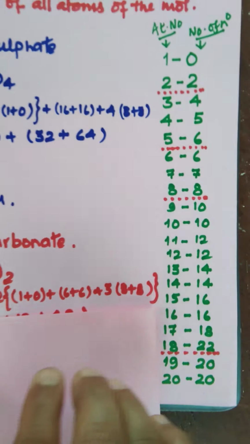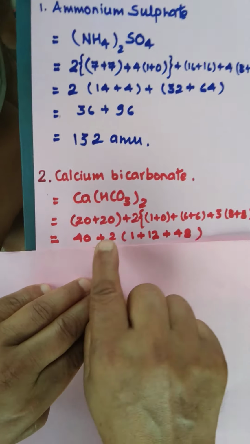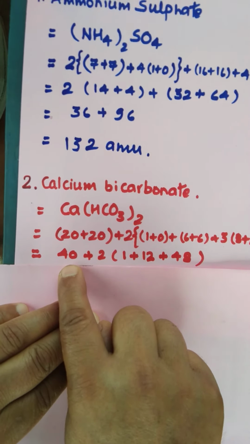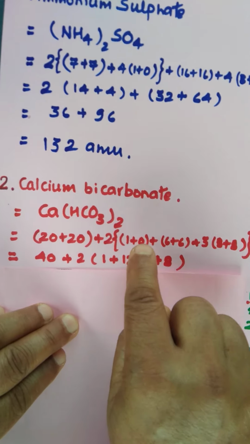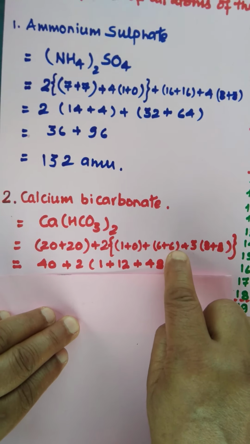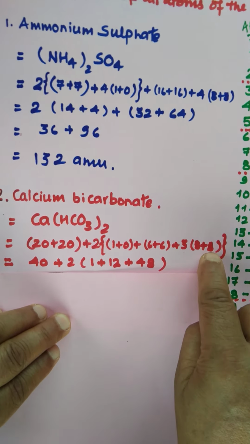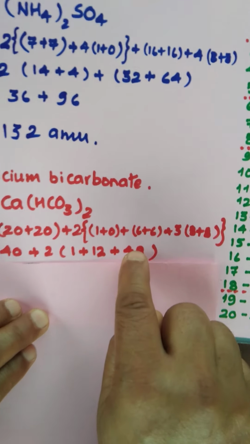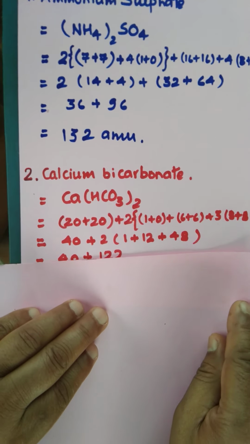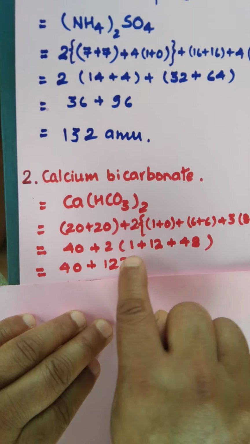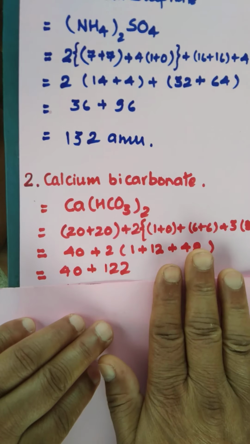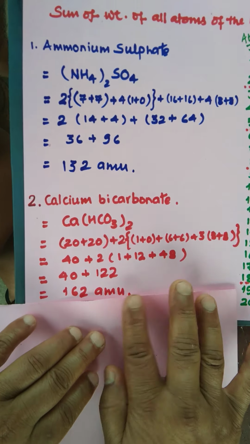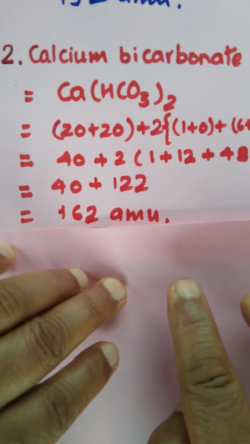Now we simplify it. Simply, 20 plus 20 is 40. 2 times of 1 plus 0 is 1, 6 plus 6 is 12, and 8 plus 8 is 16, 16 threes are 48. Then further simplification, 12 plus 48 gives 60, times 2 is 120, hmm, the speaker gives 122. 40 plus 122 is 162 atomic mass units.